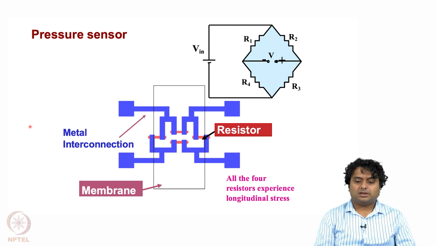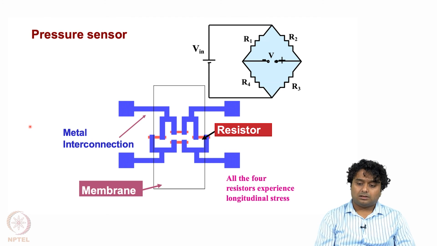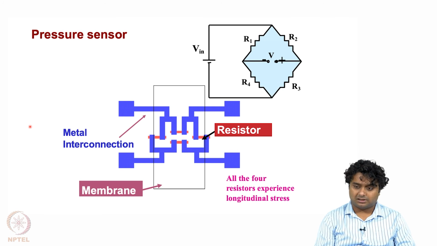So now we have seen how a pressure sensor can be made from scratch, starting from a silicon wafer, then doing silicon etching, then lithography, and then finally bonding two wafers to make the pressure sensor. And we have already seen how the resistors are connected in a Wheatstone bridge connection, and this is the membrane.